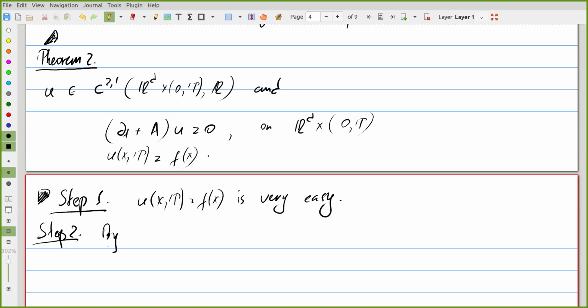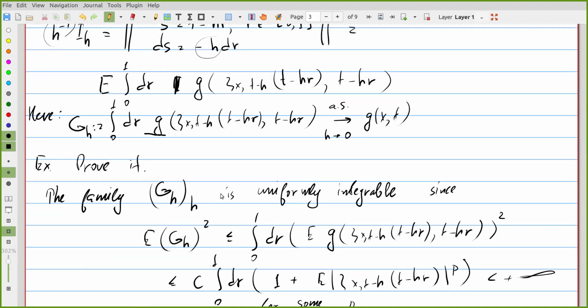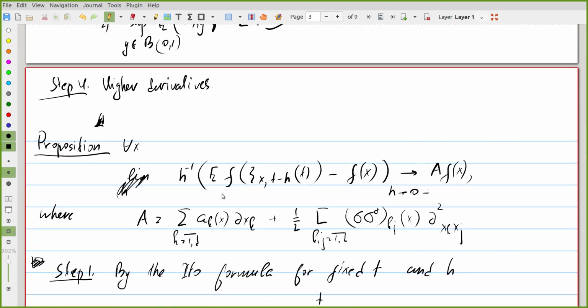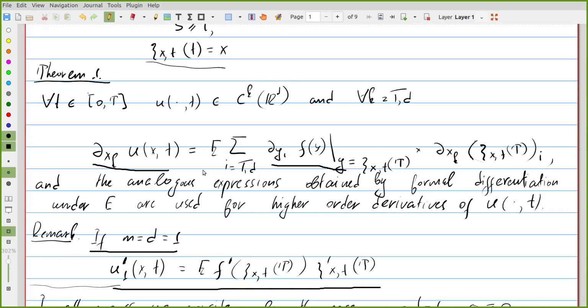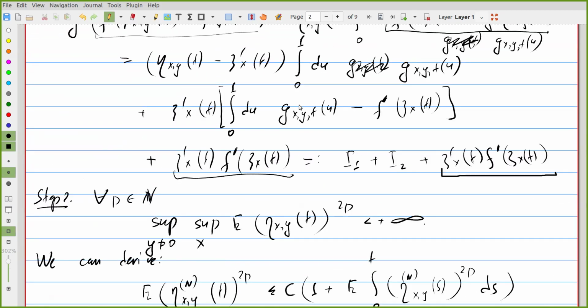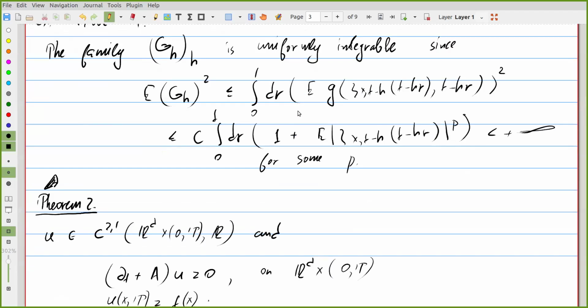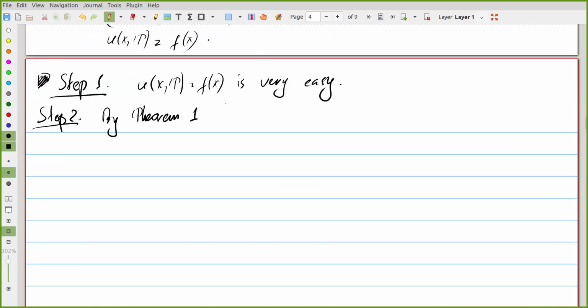Now, by theorem 1, we can use the previous proposition. The previous proposition required this function f to be sufficiently continuous, differentiable. And theorem 1 establishes that for fixed t, this holds. So we can use the previous proposition for fixed position, for fixed time.